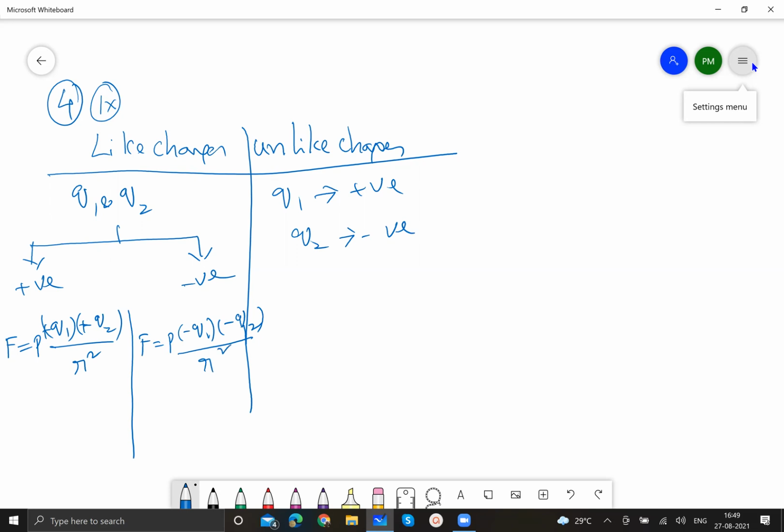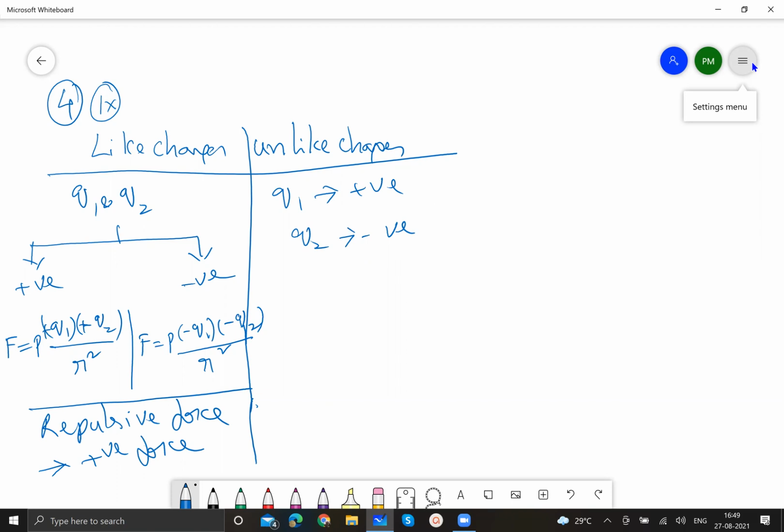So in either case, between like charges, it is repulsive force, and repulsive force is regarded as positive force.